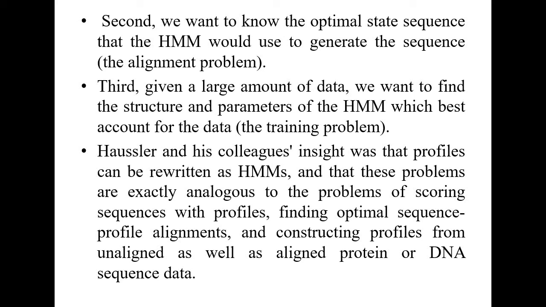Third, given a large amount of data, we want to find the structure and parameters of the HMM which best account for the data, the training problem. Haussler and his colleagues' insight was that profiles can be rewritten as HMMs, and that these problems are exact analogs of the problems of scoring sequences with profiles.